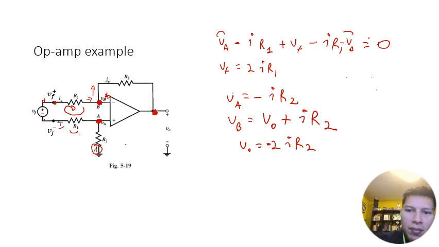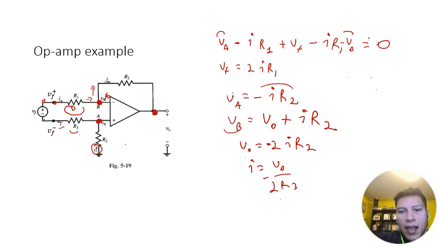So basically I plug this in here and then I move the I R2 to the other side, and then I end up with that. Okay, so that basically means that I is equal to V out over negative 2R2.